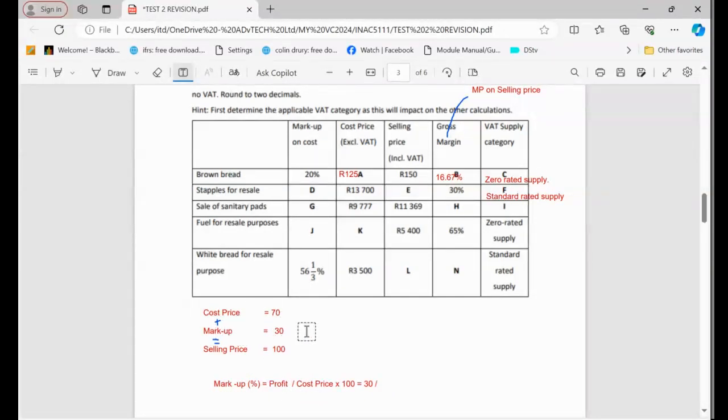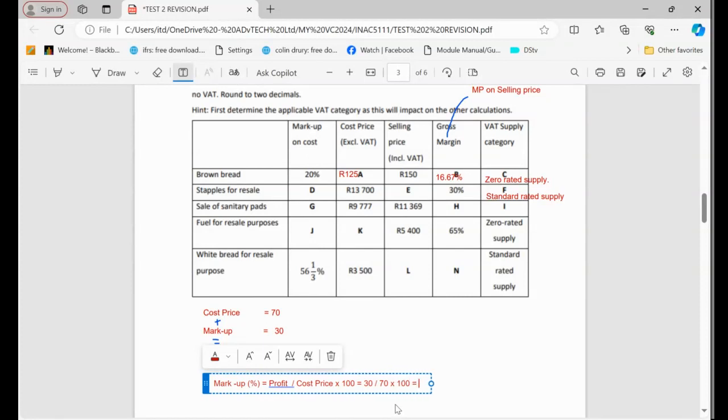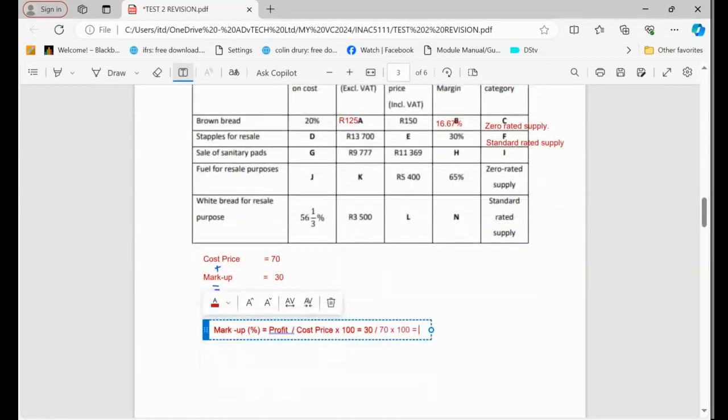I said 30 because this is the profit that I'm talking about. Even if you were using rands, it doesn't matter. Same procedure. These are the percentages. So now we divide by the cost price. What is the cost price there on top? It is 70, and we divide by 70. Don't forget to multiply by 100. And how much do we get? Let's use the calculator.